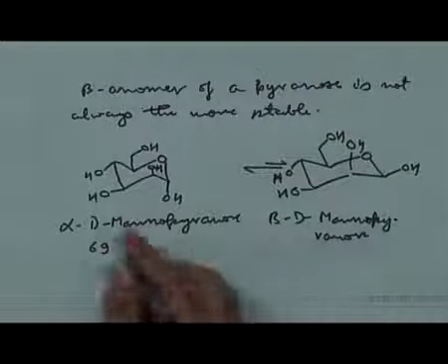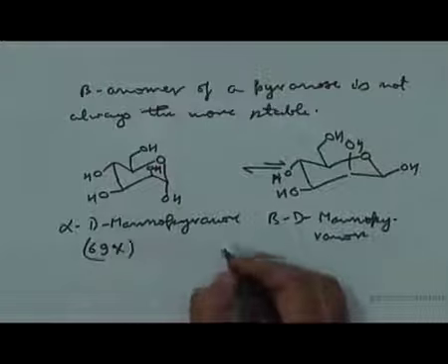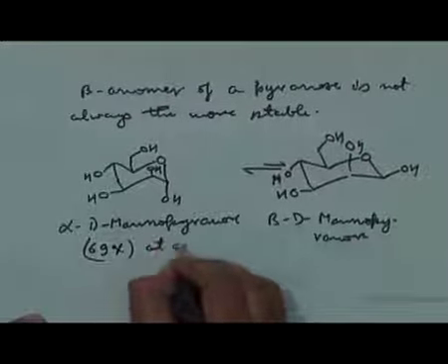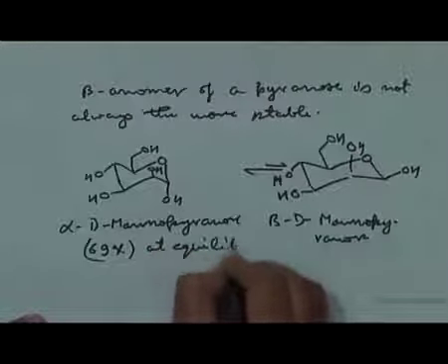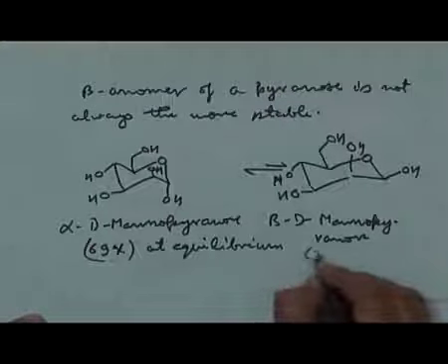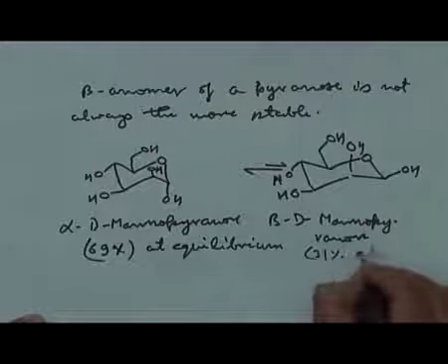Based on the specific rotation, it has been observed that it has 69% of the alpha D-mannopyranose at equilibrium and 31% of beta D-mannopyranose at equilibrium in a mixture.